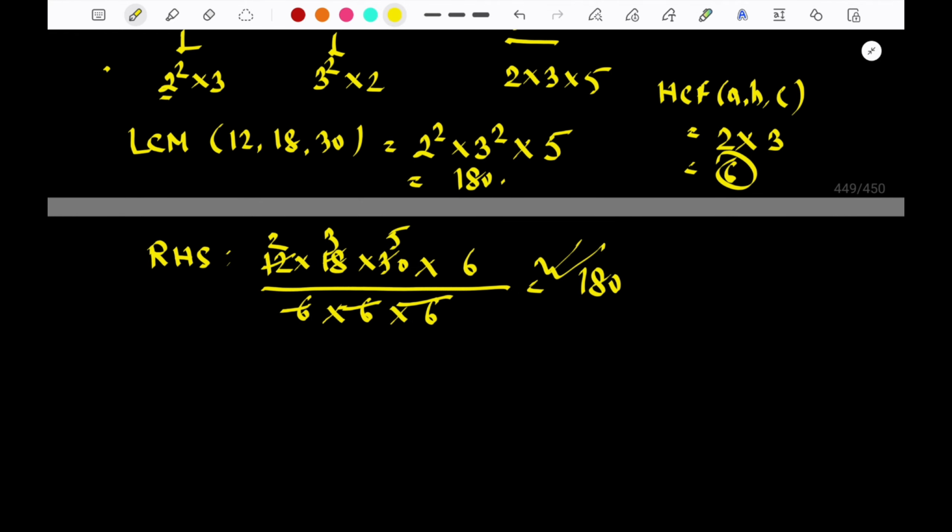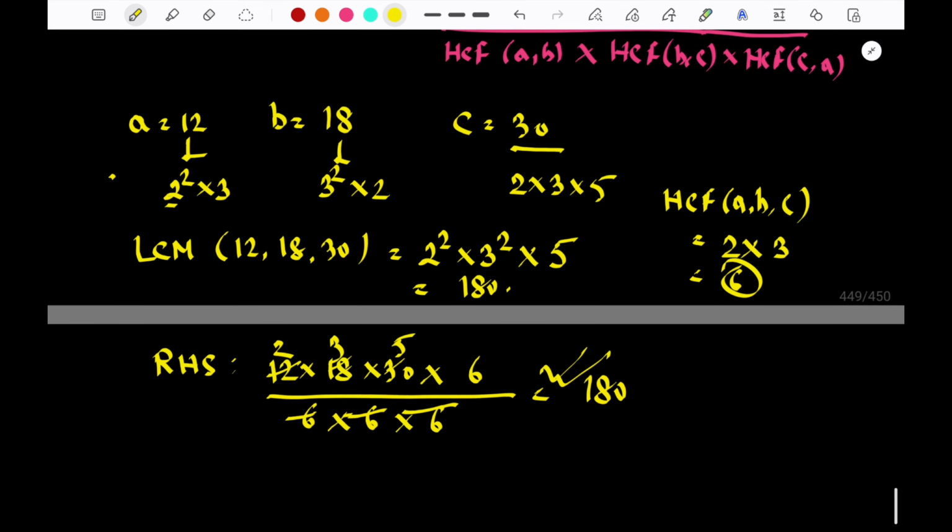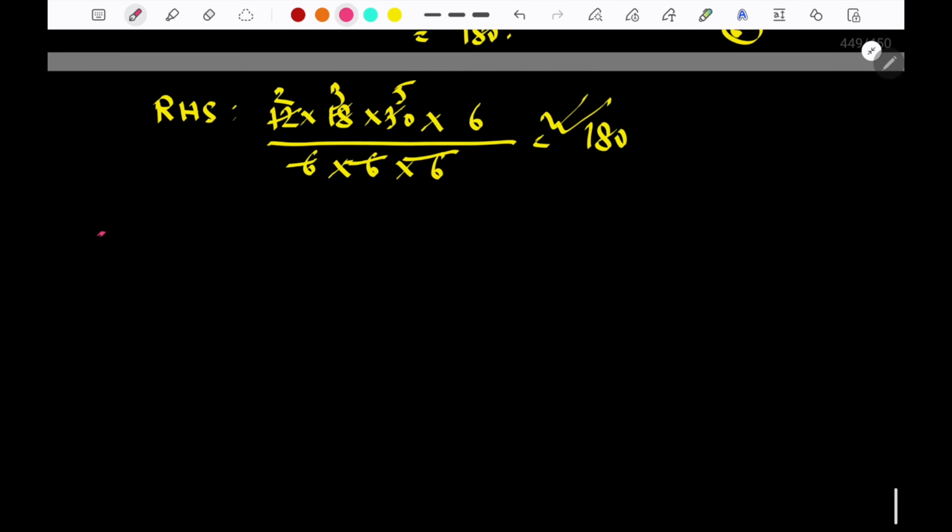Now again, if we are required to show that this is true, we can do one thing. I am trying to give a simple proof, if you need to understand why it is happening.